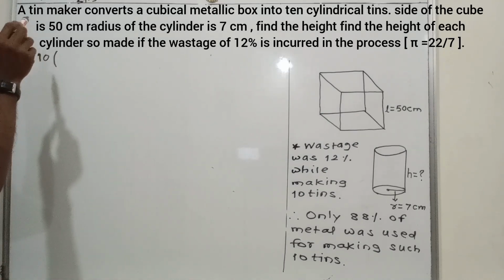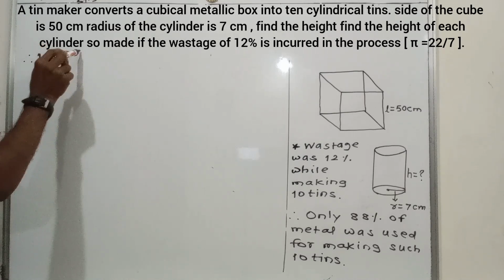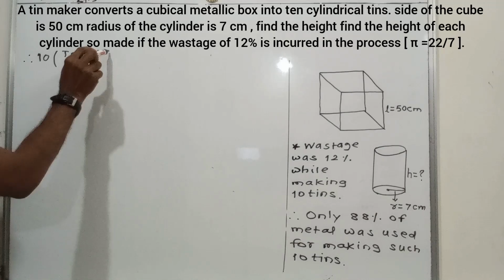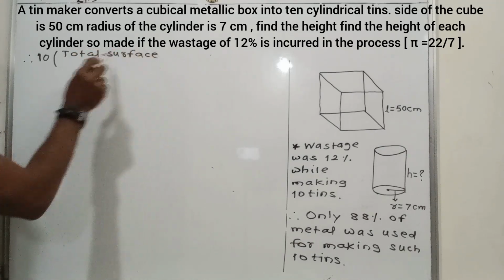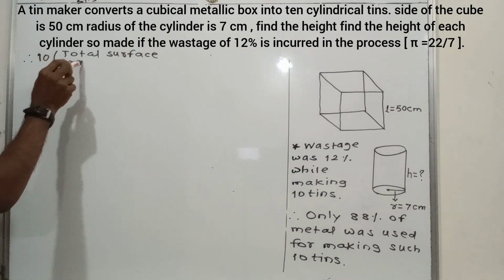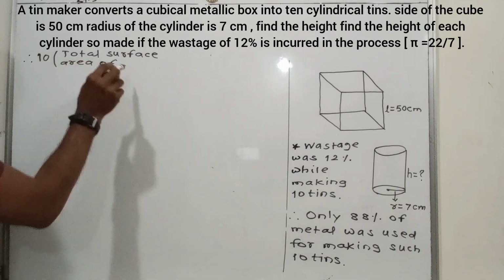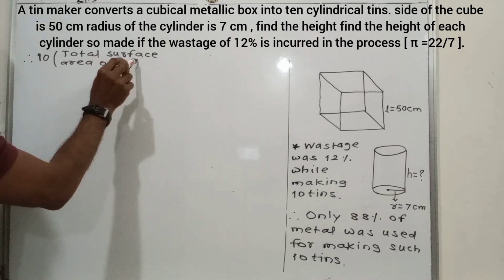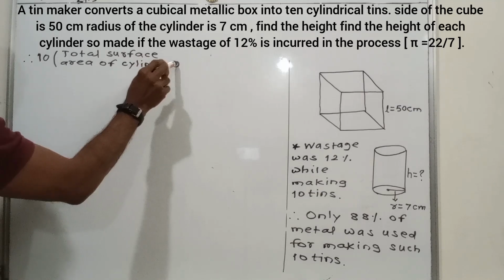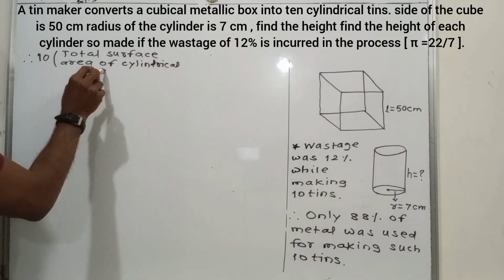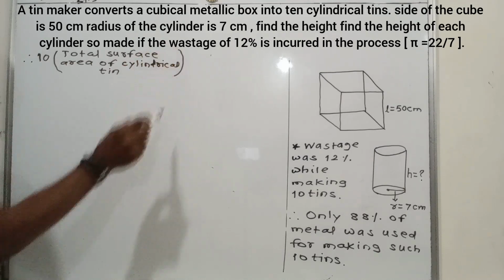Therefore, see this, 10 into total surface area of cylindrical tin. Did you get it?